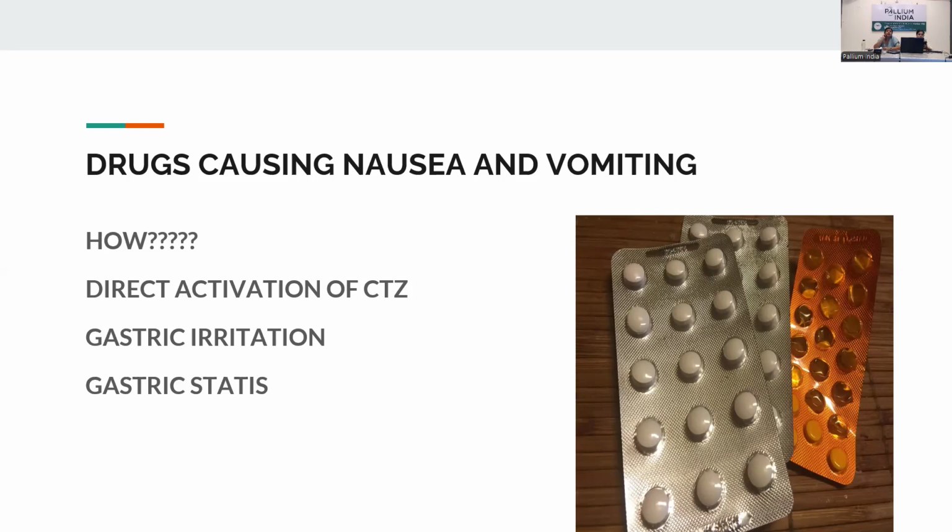Also, there are certain drugs causing gastric irritation. Give an example of a very common drug causing gastric irritation. Please unmute and answer. A very common drug, not in palliative care, wherever you give it the patient can have gastric irritation.